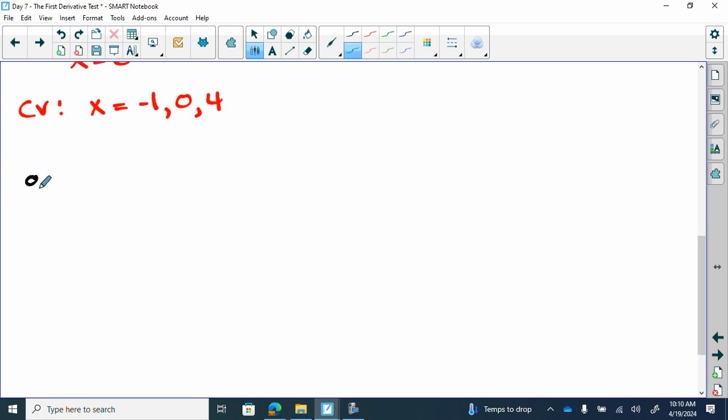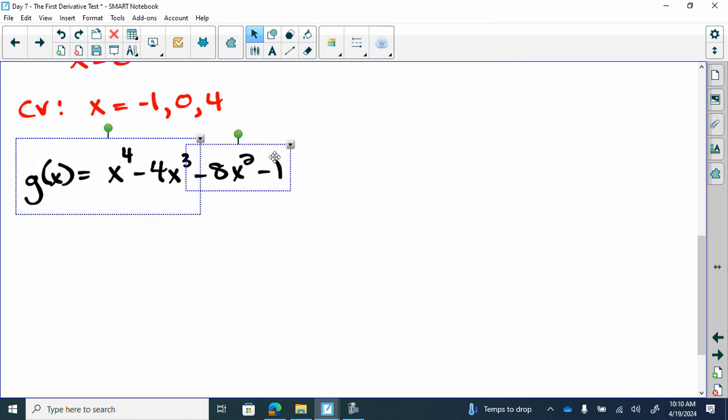Okay? So I am going to write down the original equation. It says g at x equals x to the 4th. Is that what I started with? And then what else? Minus 4x cubed? Minus 8x squared minus 1. Okay?